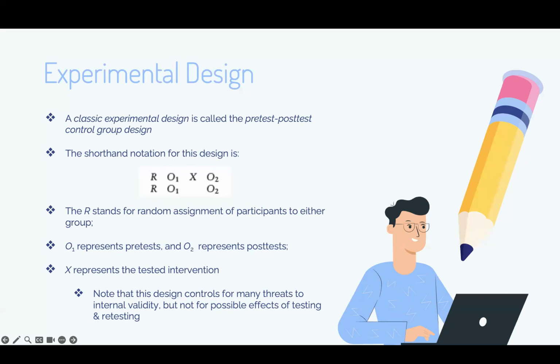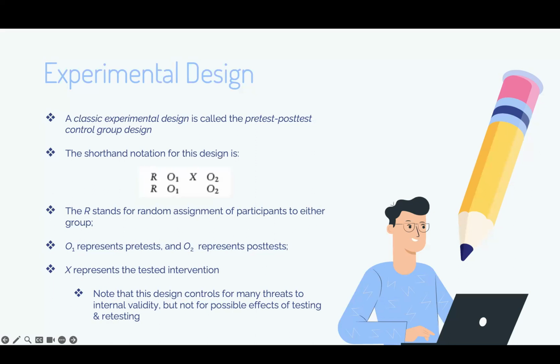The shorthand notation for this design is R O1 X O2, and the second row is R O1 without X, then O2. It represents the sequence and structure of this design.